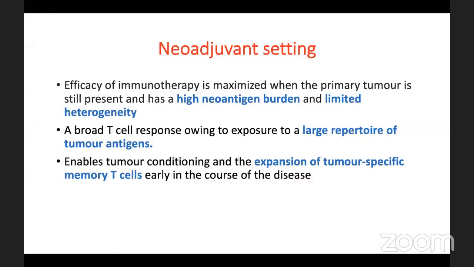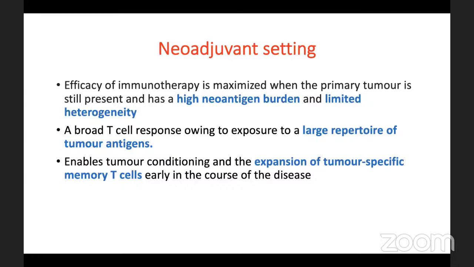In the neoadjuvant setting, use of immune checkpoint inhibitors confers a totally different type of advantage, in that the efficacy of immunotherapy is maximized because of the high neoantigen burden, and also there is limited heterogeneity of the tumor, and a broad T cell response can be exploited due to the large repertoire of tumor neoantigens that are present when the tumor is intact.